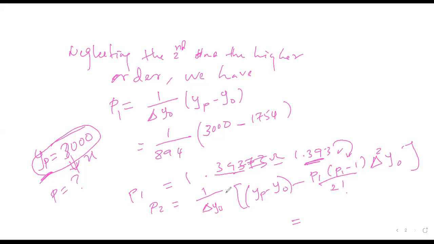Okay. Did you find the answer? Yeah, 1.387. Okay, good. So we don't need to go for the third one because from this we are going to find our x, p, and then x.